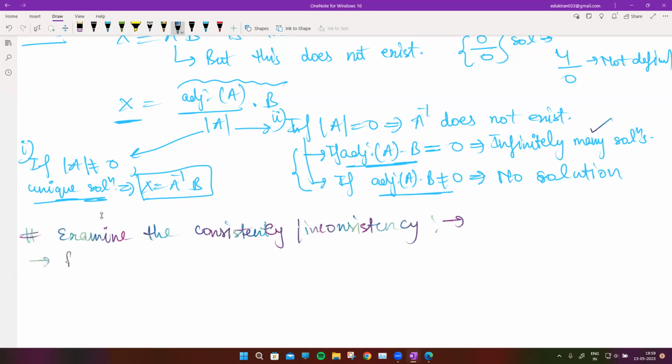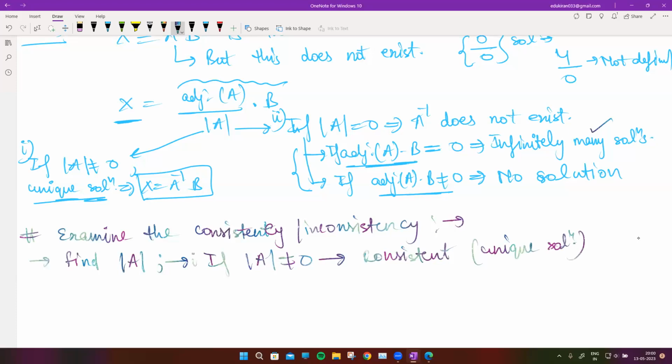So the first step is to find the determinant of A. If the determinant of A is not equal to 0, the given system will be consistent, with a unique solution.